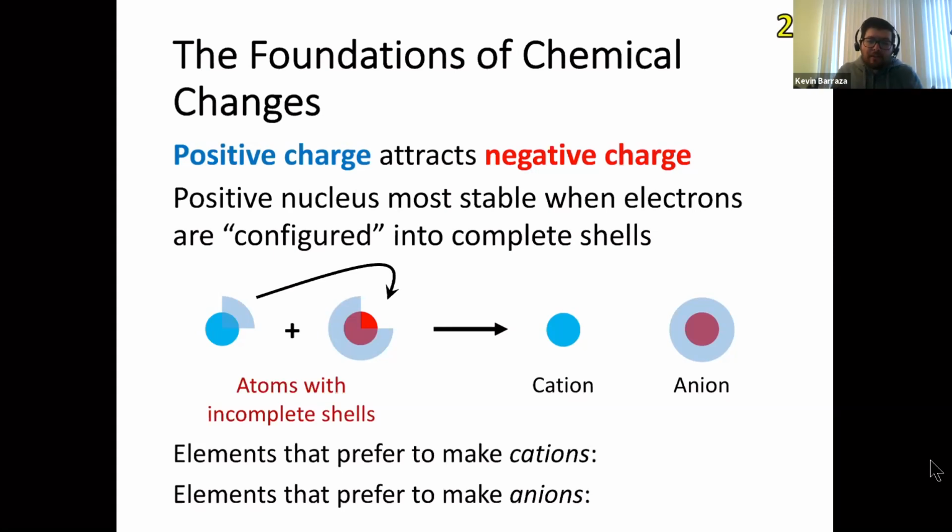Just using those labels that we had for the periodic table, main group, transition element, metal, non-metal, which elements, generally speaking, like to make those cations, those positive ions? Or which side of the periodic table? Let's start with which side, left or right?